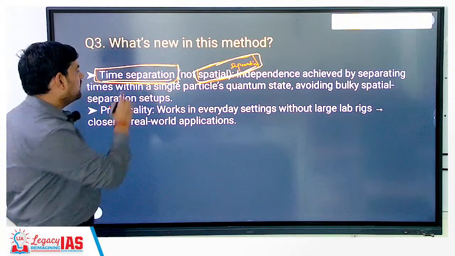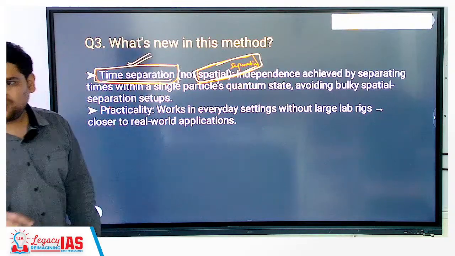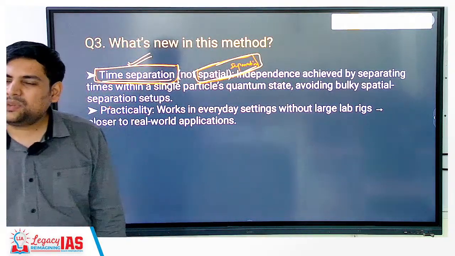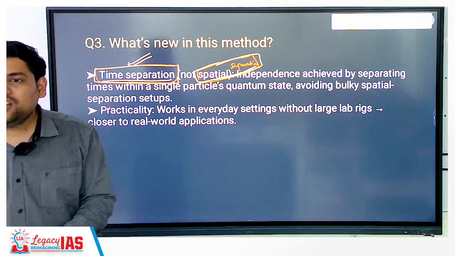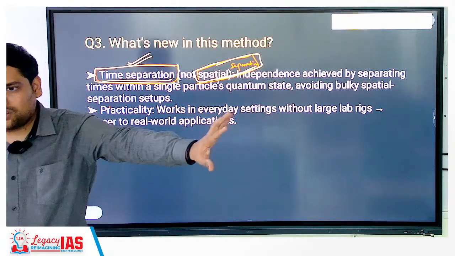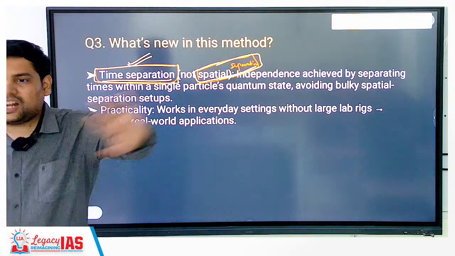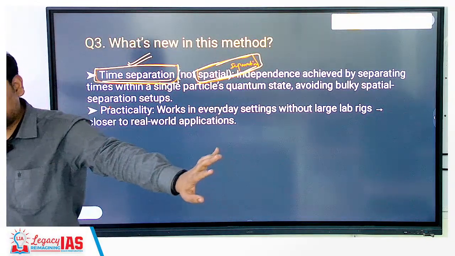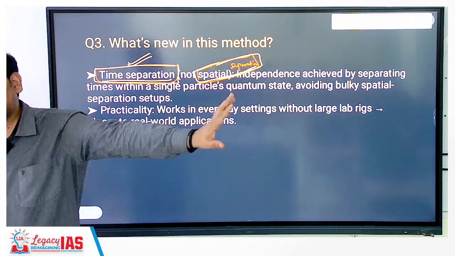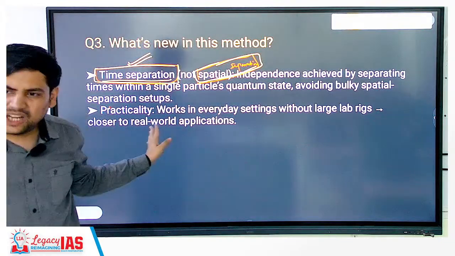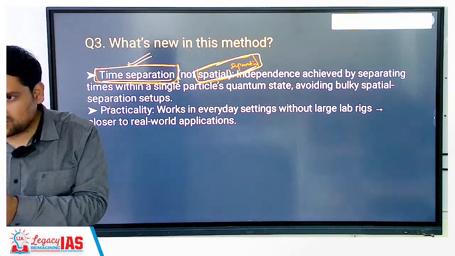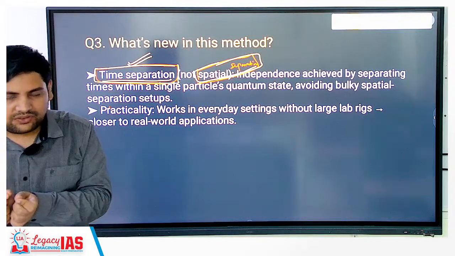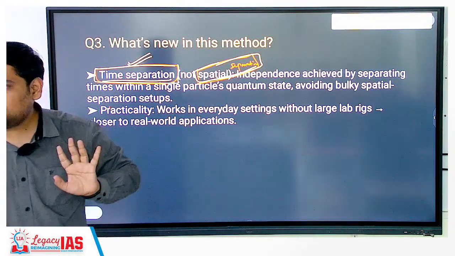Now, most of the time spatial separation was used. In this, we have done it using time separation. In spatial separation, in a general way, I have to separate them in space, so I will require a larger system, correct? At one place I put one, at another place I put the other. Here in time separation, I can do it in a small space and just with a variation of time I am able to realize that quantum system.